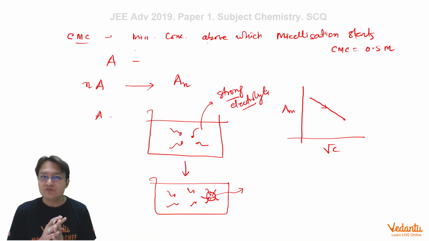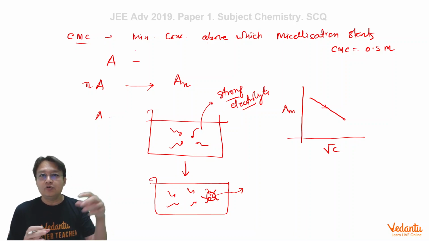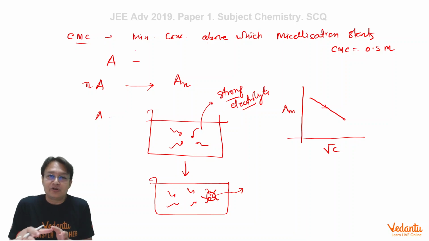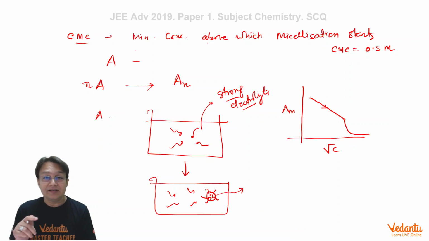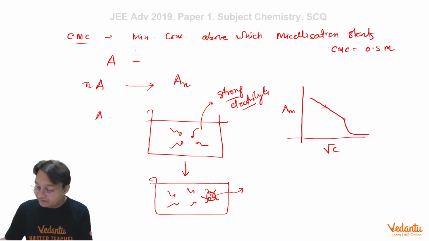Under these situations, what's going to happen? You're adding solute, but it is still not contributing to the molar conductance. That means with increasing concentration, molar conductance is going to decrease very sharply, and the behavior looks like that of a weak electrolyte. It will look like this. But in this examination, you don't have such an option.